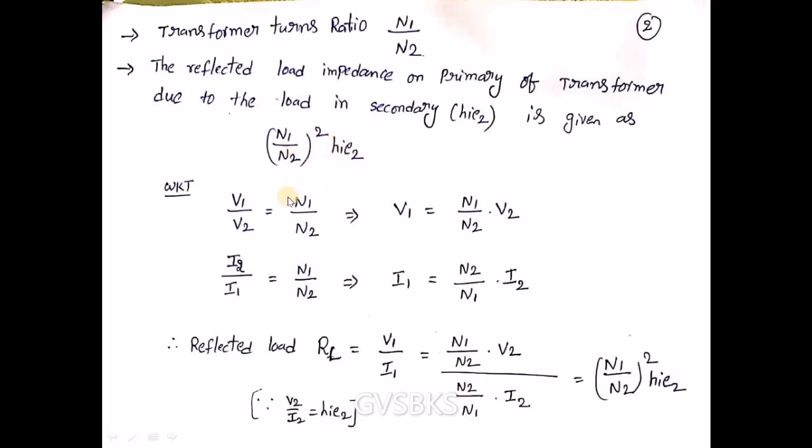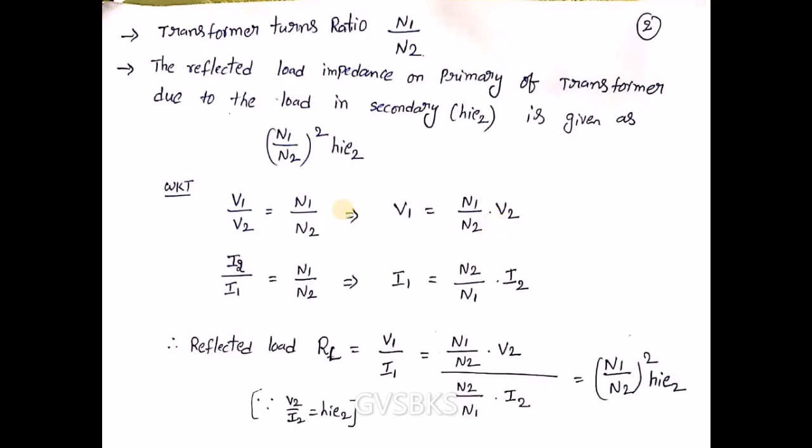This can be derived as follows. We know that the transformer turns ratio N1 by N2 is equal to V1 by V2, where V1 is the primary voltage and V2 is the secondary voltage. So from this equation we can write the primary voltage V1 is equal to N1 by N2 into V2.